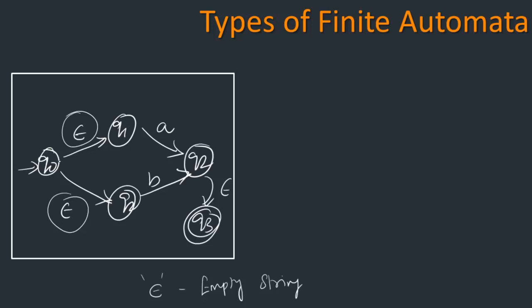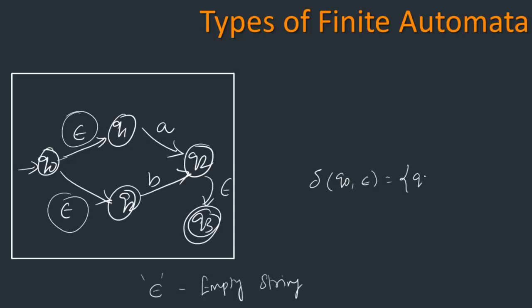When you denote an edge labeled epsilon, it means you can reach the destination without consuming any input. For example, when I am in Q0 and I apply epsilon, where can I move?